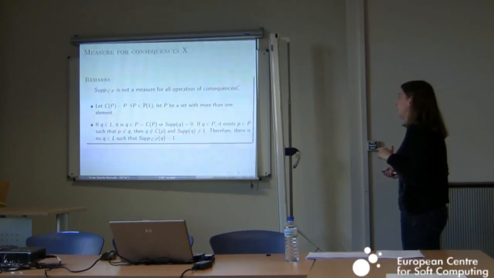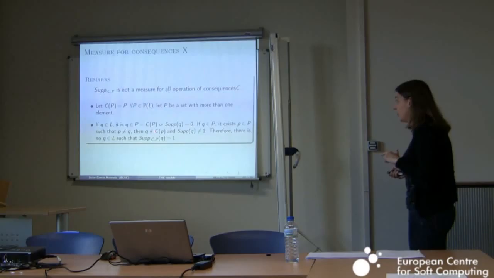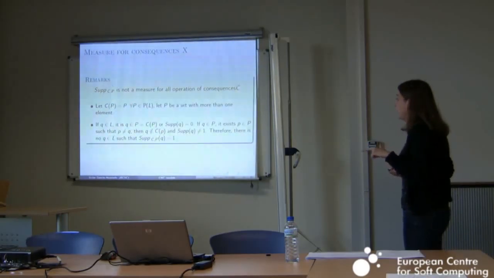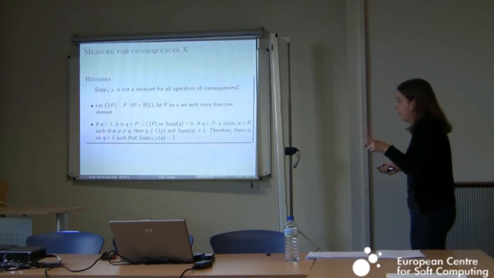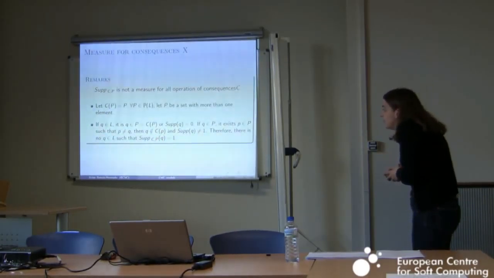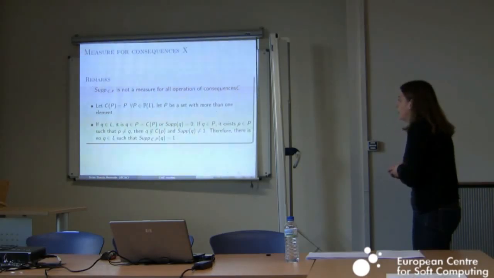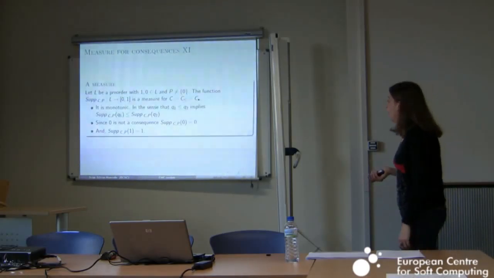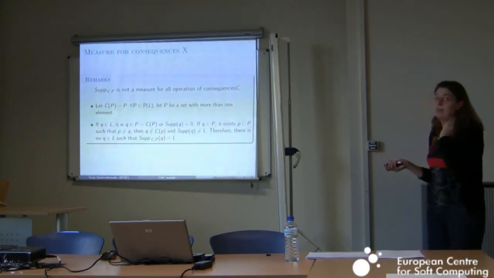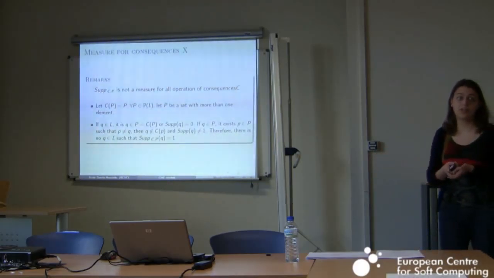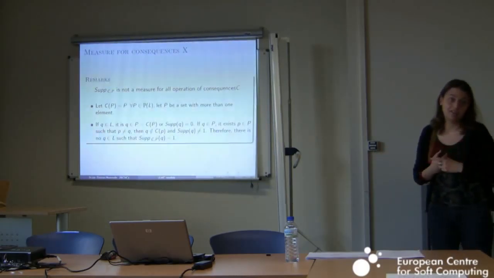But if Q is a consequence of P and there exists any p in P such that p is not equal to Q, then Q is not a consequence of P, because the only consequence of P is P, and the support of Q is not equal to 1. To do this, we have to have a set of premises with more than one premise.